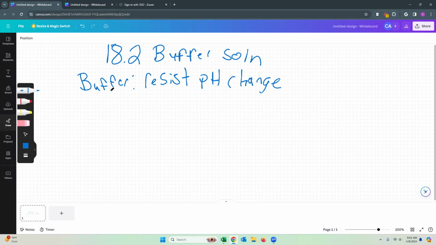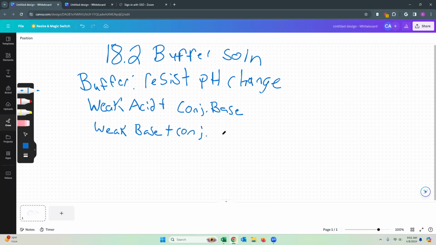And it is made out of a weak acid plus its conjugate base. I can also say weak base plus conjugate acid. Same thing really. But basically, to have a buffer, you need a conjugate pair in solution.